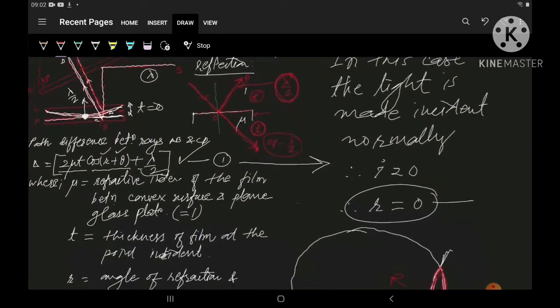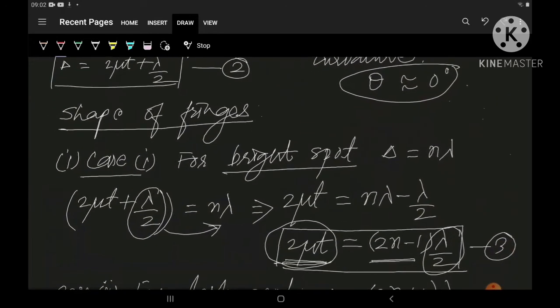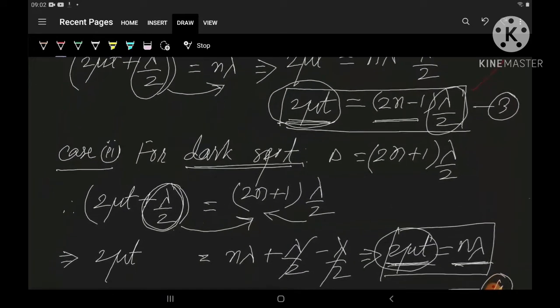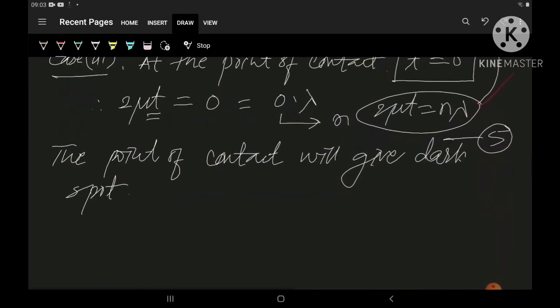With the help of case 1, case 2 and case 3, let's try to find the shape of fringes. Because we have three conditions. First, if 2 mu into t is equal to n lambda, then dark.